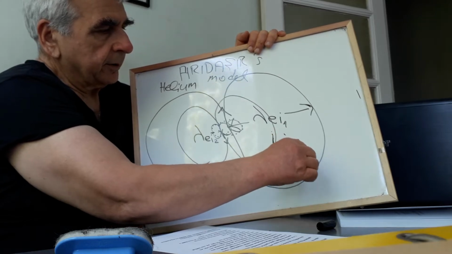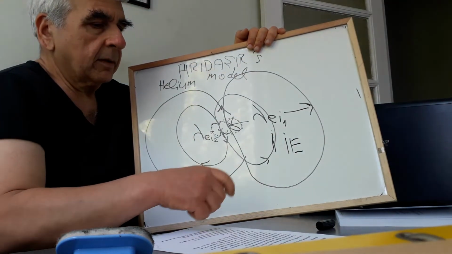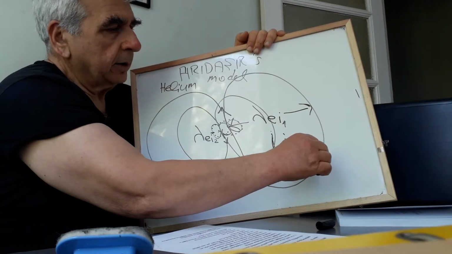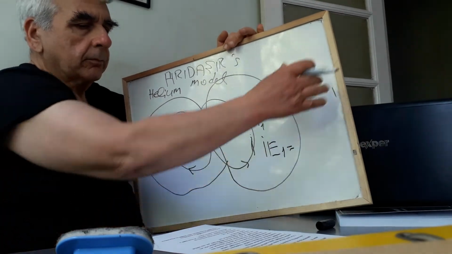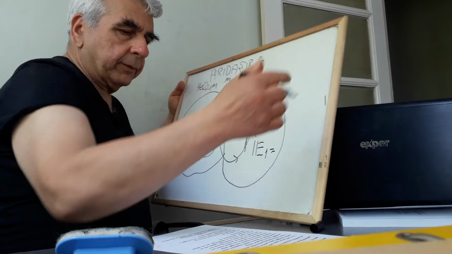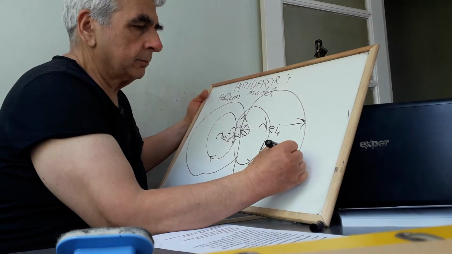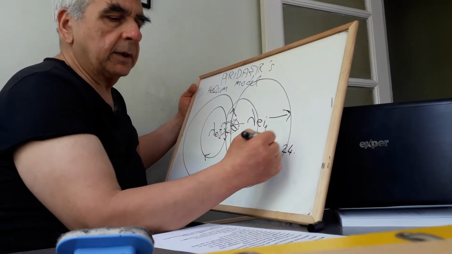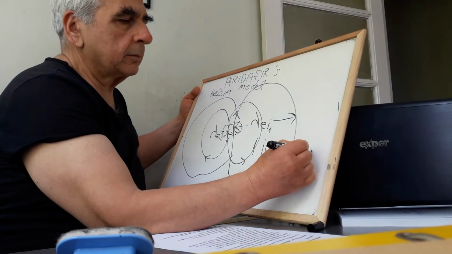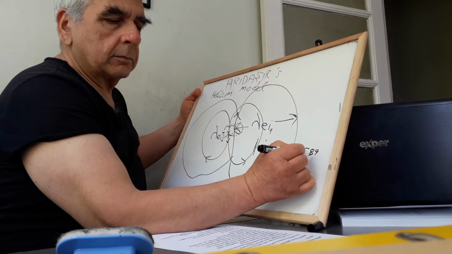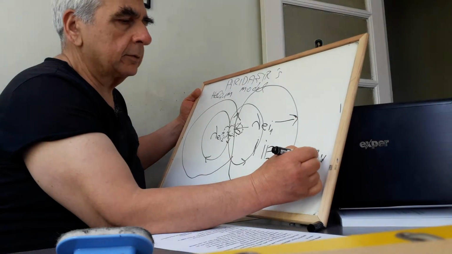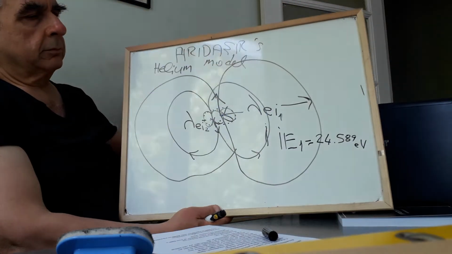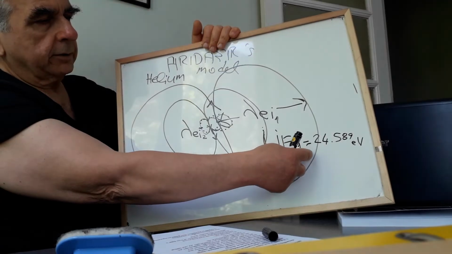Ionization energy 1 equal to 24.589 electron volt for bigger one.